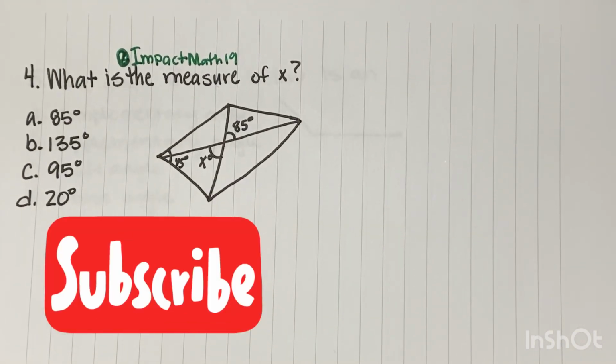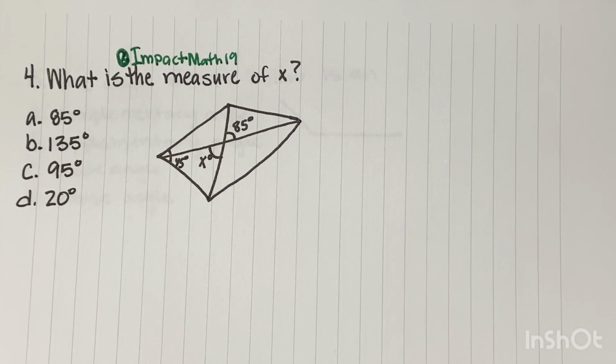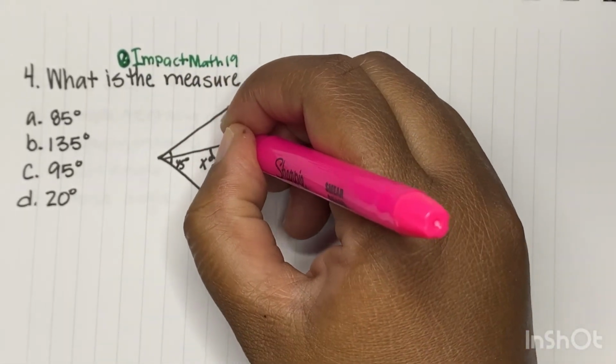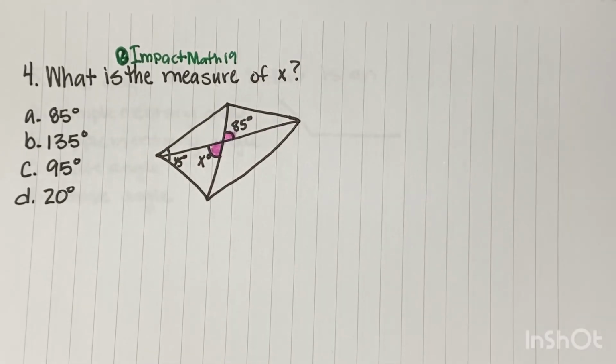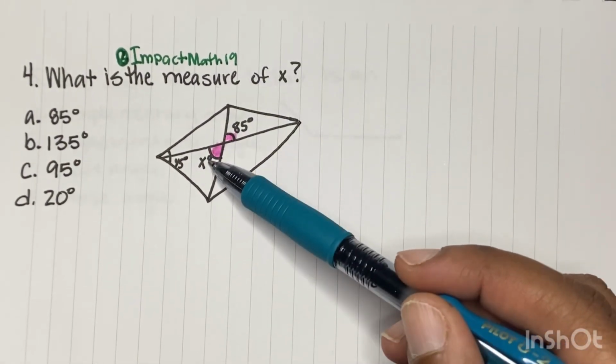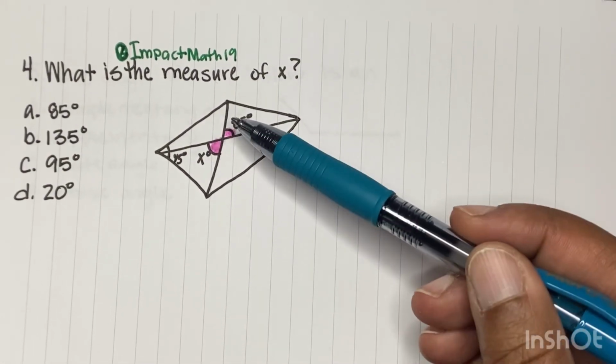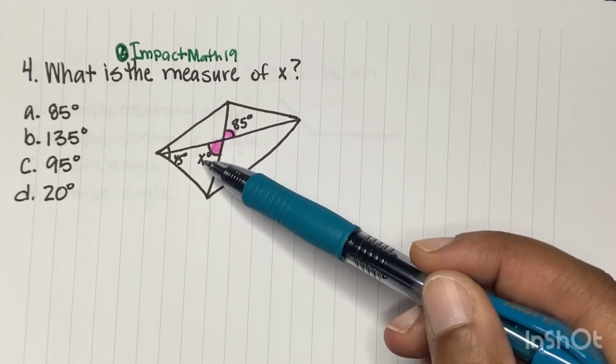Number 4, what is the measure of X? All right, so these angles right here are called something, and it starts with a V. And if your mind is saying vertical angles, wonderful, okay? So vertical angles are always congruent. So if this is 85, then this side has to be 85 as well.